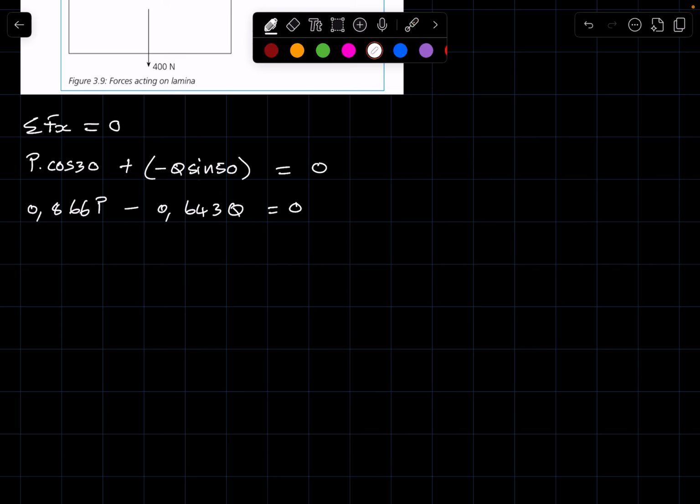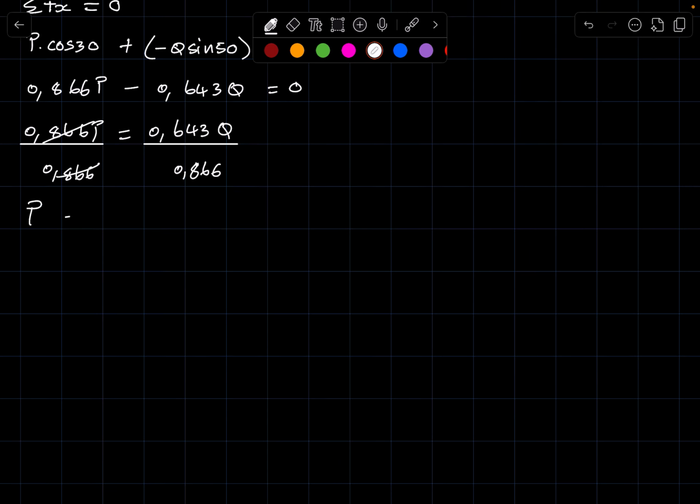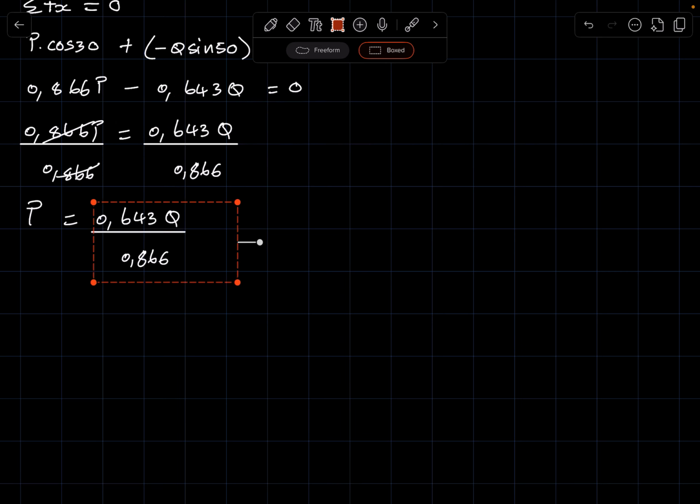It becomes positive, hence this is equal to 0.643 Q. Then you make P the subject of the formula by dividing both sides by 0.866, hence P is equal to this here.